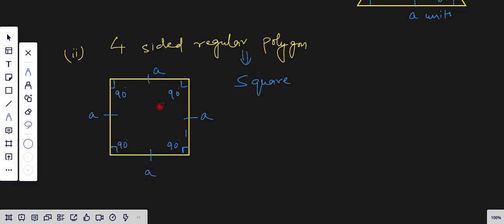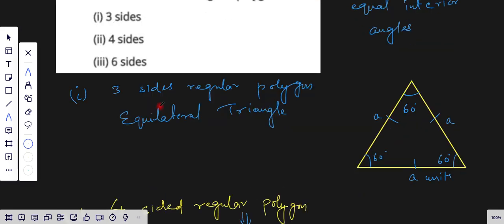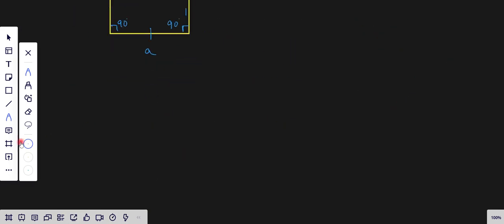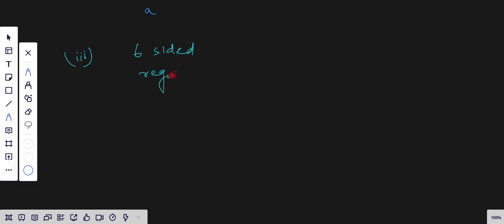Now the six-sided regular polygon. I'll draw a six-sided regular polygon for you all. The best example is a hexagon.